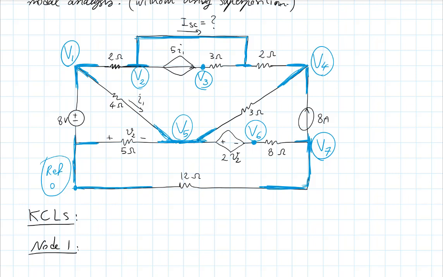So at node 1, we have this current I1 that has already been labeled for us. Then there would be another current going here. Let's call this maybe I3. Let's reserve 2 for this one down here. And then another current here, let's say I4. Okay. So my KCL1 at node 1 would be minus I1 minus I3 minus I4 equals 0.